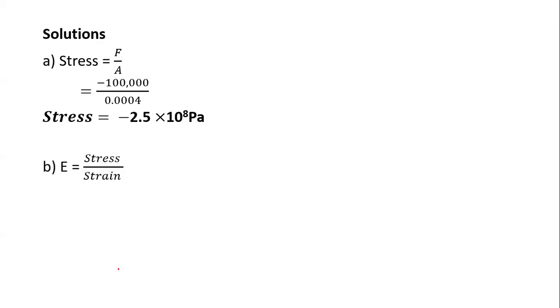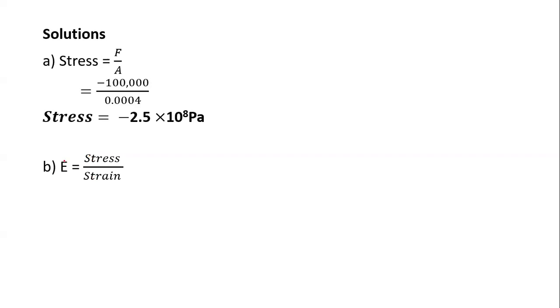Then strain, which is the next part we're looking for. We realize that we do not have the change in length and the original length. What we simply have is Young's modulus. So we review this relationship here. According to this relationship, when you define Young's modulus, it's stress per unit strain, stress over strain, the ratio between the stress and the strain.